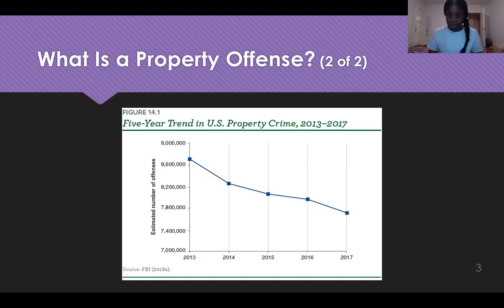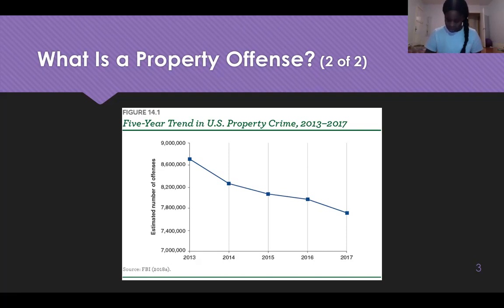Okay, so with your figure in your textbook that you should have, it is a 5-year trend in the US from the years 2010 to 2014. Once again, I am depicting the most current and up-to-date that we have. In your textbook, figure 14.1 is going to show property crime trends in the US over the years from 2010 again to 2014.